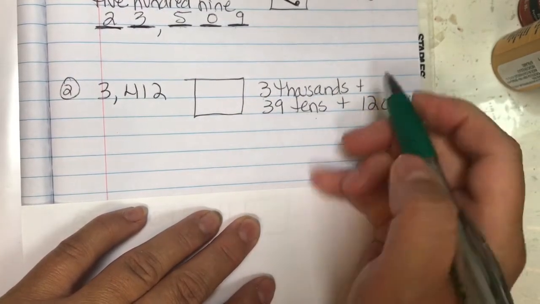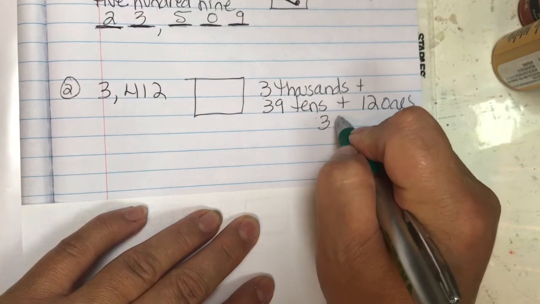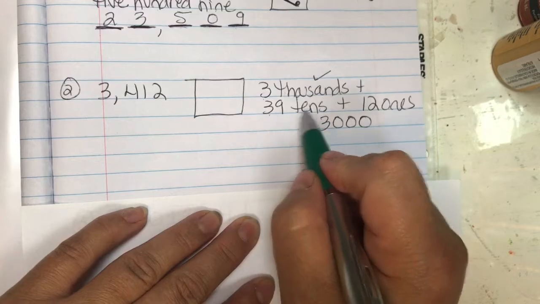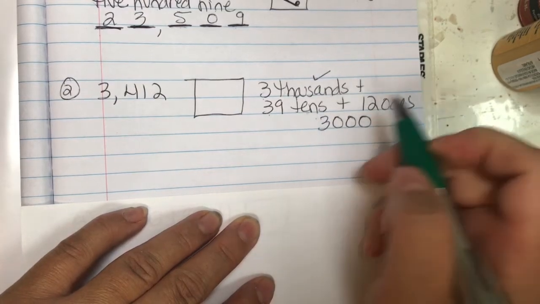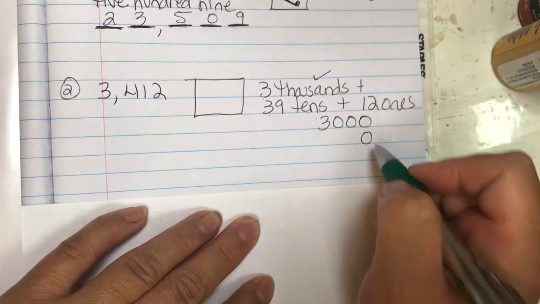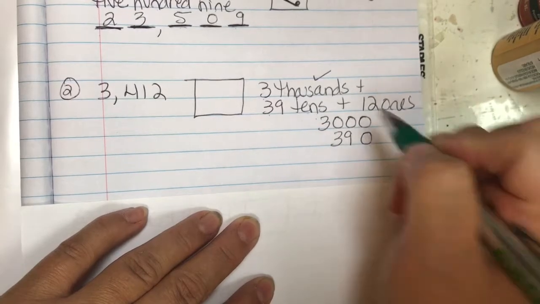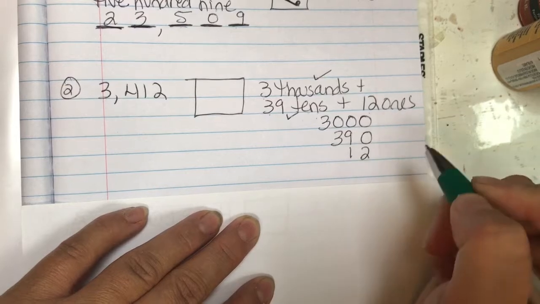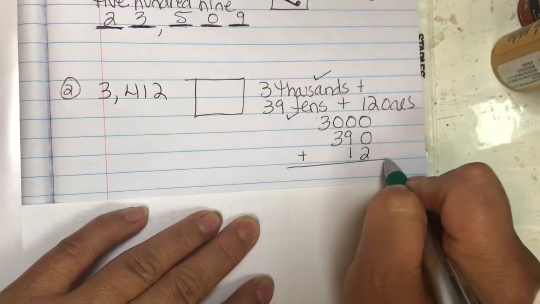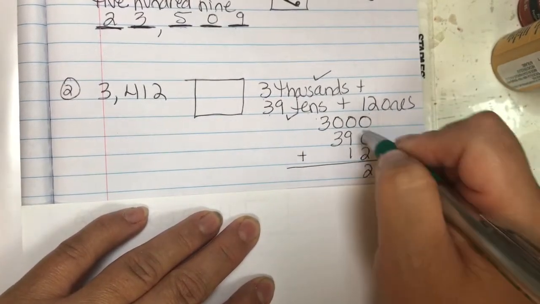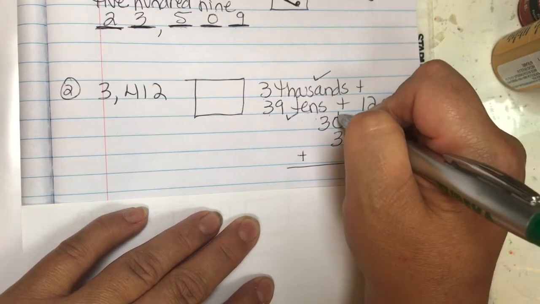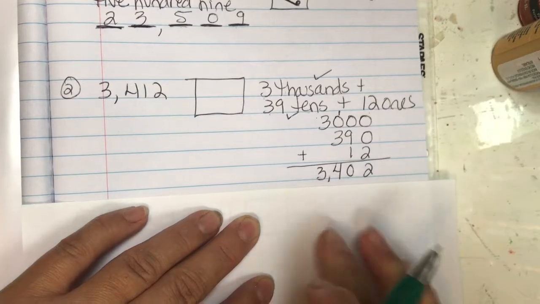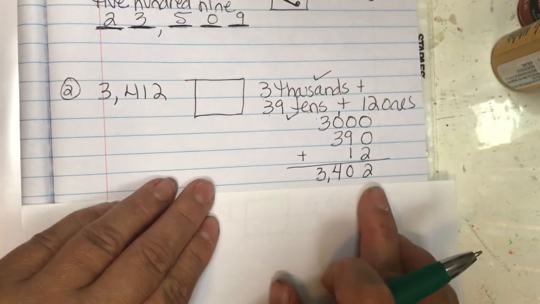So 3,000s, I know thousands has 3 zeros, so I write that, check mark, I got that one done. 39 tens, I know tens is going to have 1 zero, so I'm going to start at the ones place. So I have them all lined up correctly, got it. And then 12 ones, 12, just like regular, no zeros. I'm going to add these up. 2, 9 plus 1 is 10, carry the 1, 1 plus 3 is 4, and 3. So then this number is 3,402.